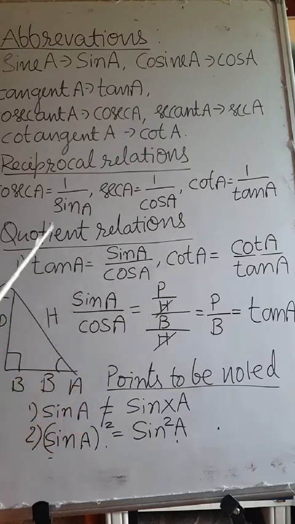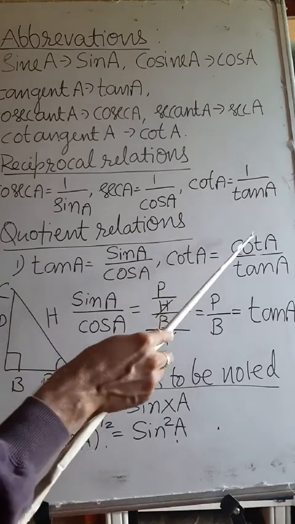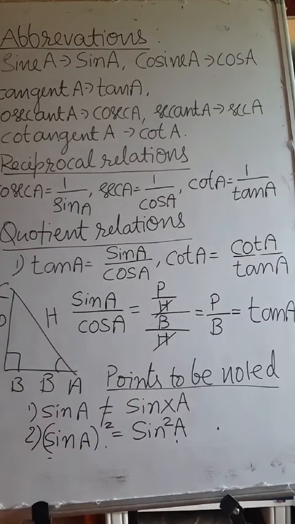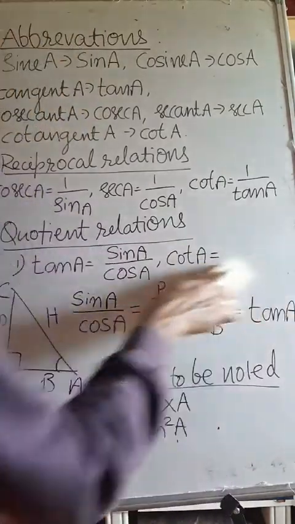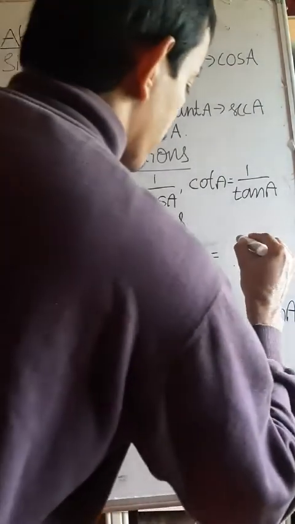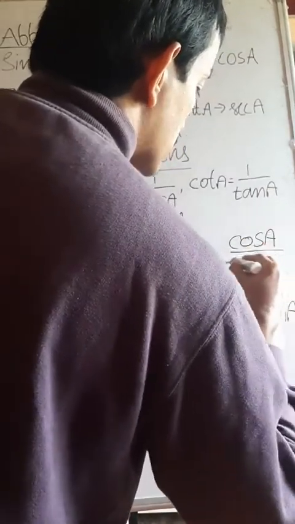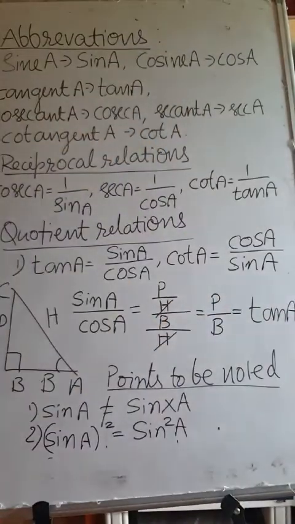Since cot is the reciprocal of tan, cot A can be written as cos A by sin A, that is, cos A divided by sin A.